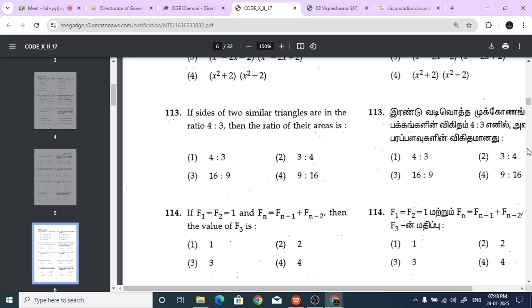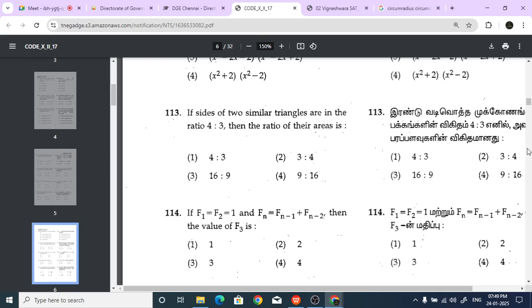Read 113, Aditi. If the sides of two similar triangles are in the ratio 4:3, then the ratio of their areas is.